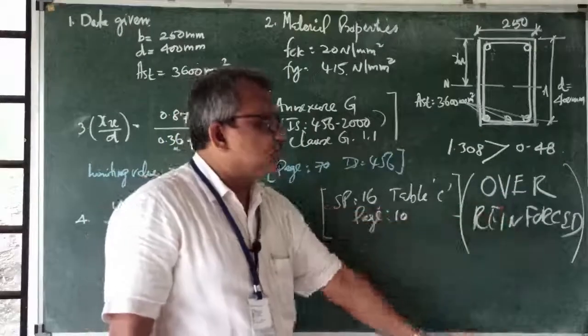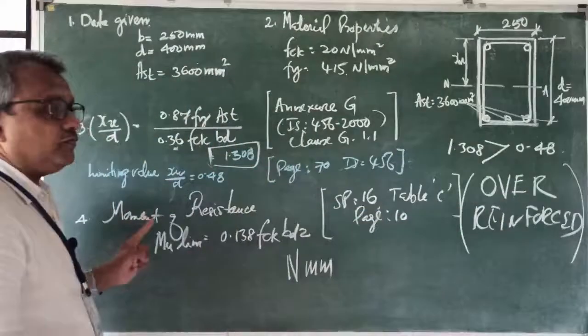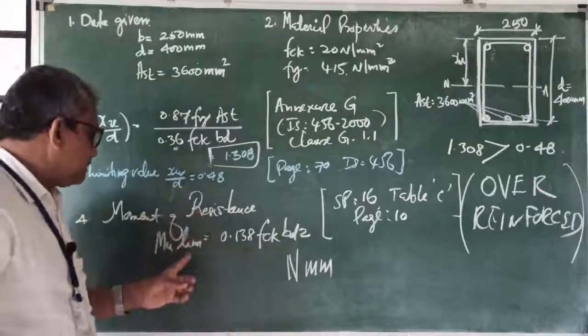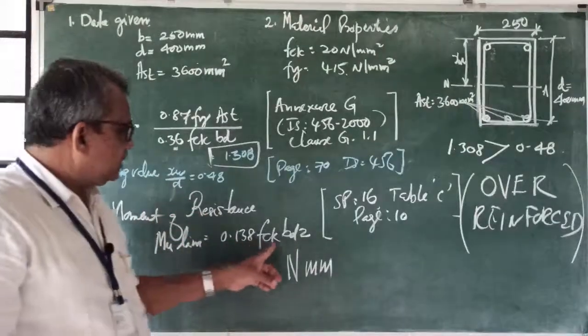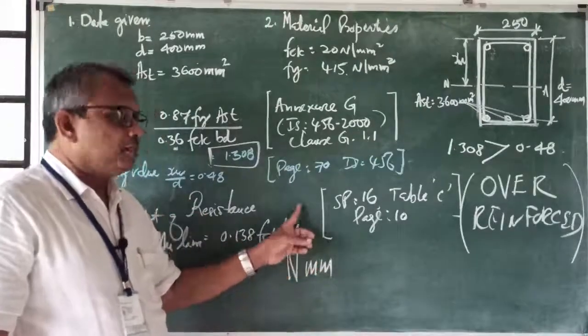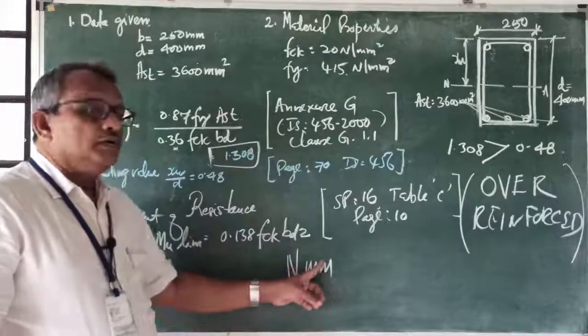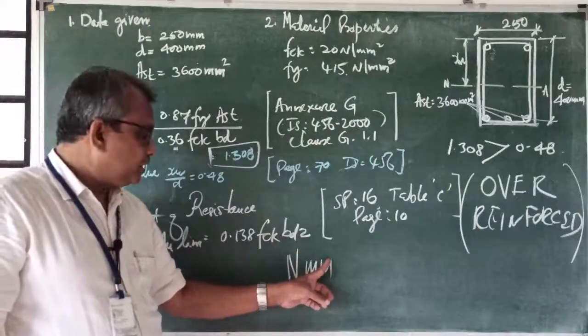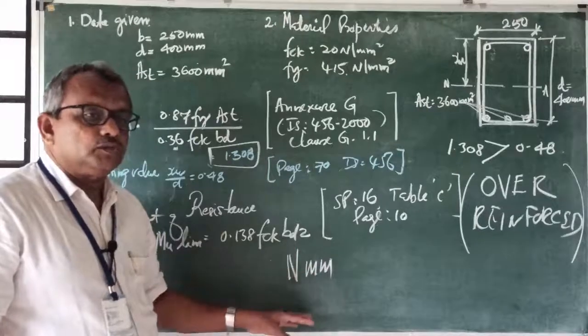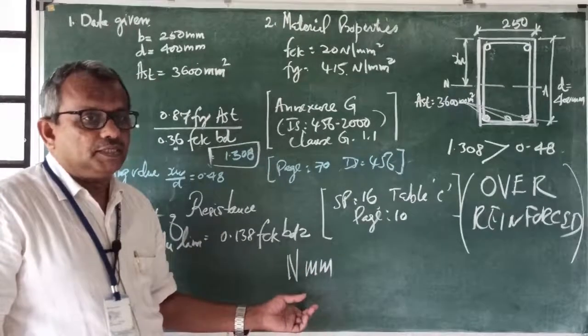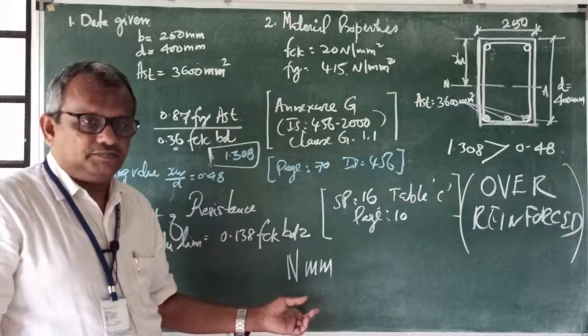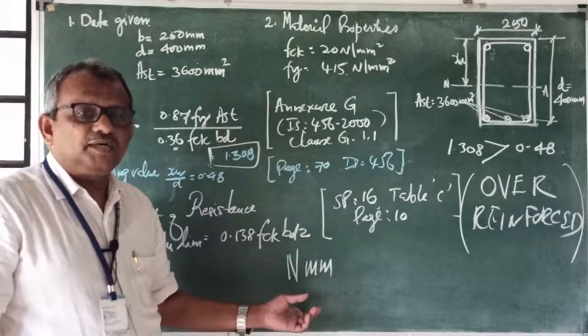When it is an over-reinforced section, the formula to find the flexural strength or moment of resistance is equal to 0.138 fck bd squared. By substituting the values, you will get the answer in Newton millimeter, and you convert it into kilonewton meters as the flexural strength.